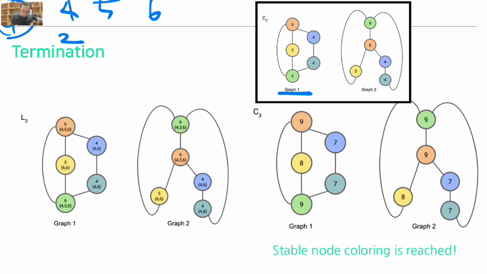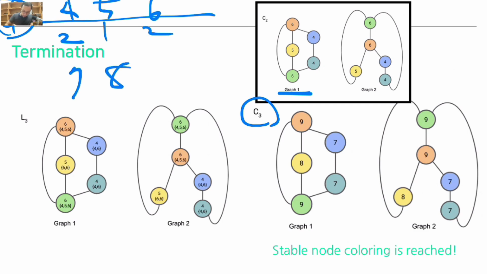We have 2, 1, and 6 are 2. What about at C3? We have 7, 8, 9.